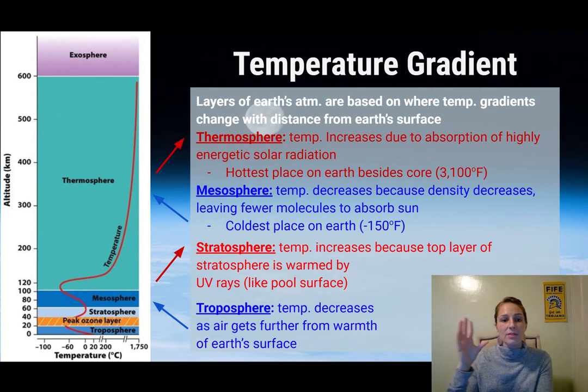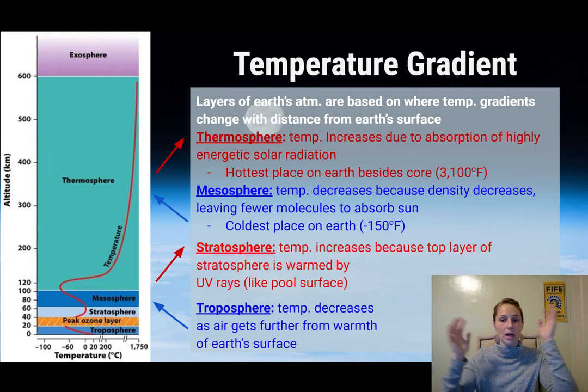Then we're going to have the thermosphere. And at this layer, again, it's red because temperatures are going to increase as you move up in the thermosphere. And this is because you're getting a lot of absorption of really highly energetic solar radiation.